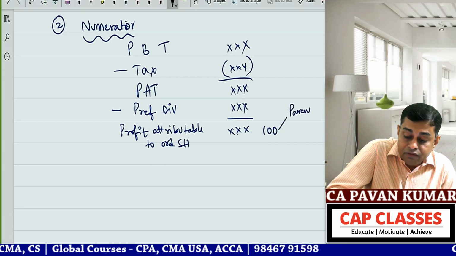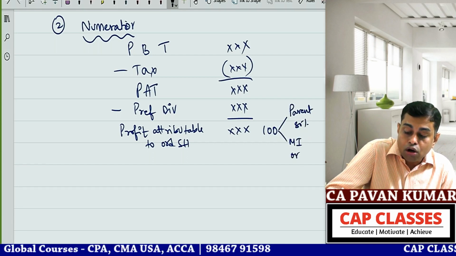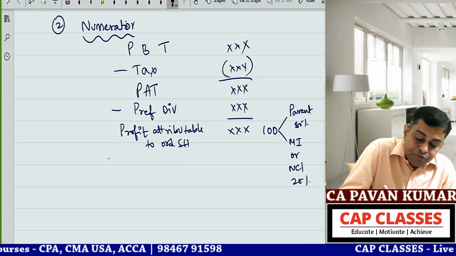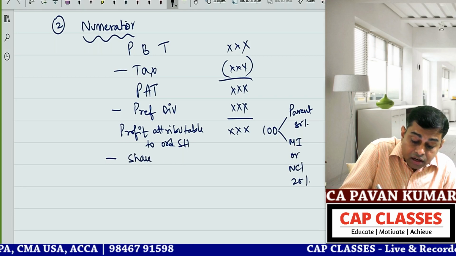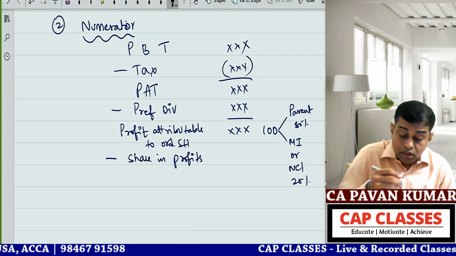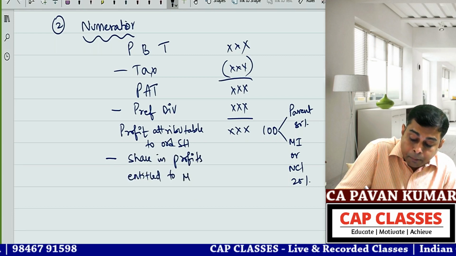Parent company will get 80% of it. Minority interest or non-controlling interest, that means outside group, 20%. So minus share in profits entitled to minority interest.